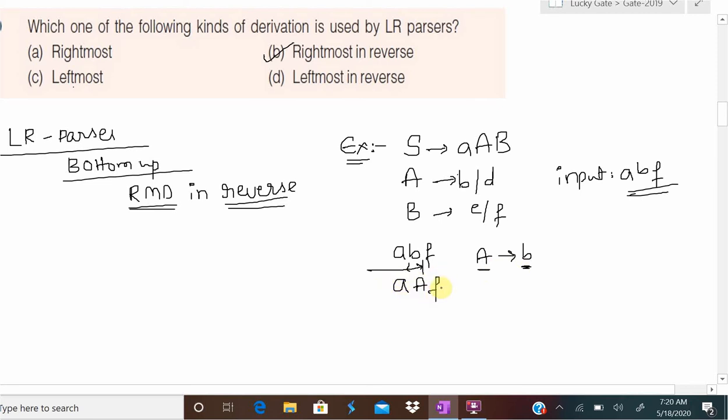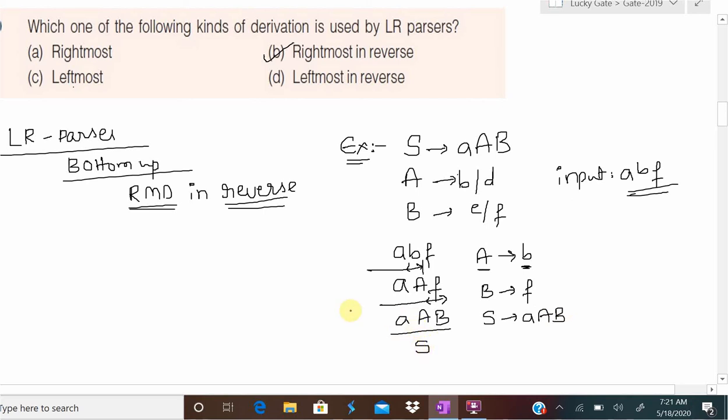After replacing, the sentential form is AAF. Again the process of identifying the handle continues. Here it finds a handle F which matches the production B tends to F, so F is replaced with B, giving A, B. Now it matches the RHS of the production S tends to A, B. Now A, B is replaced with S.